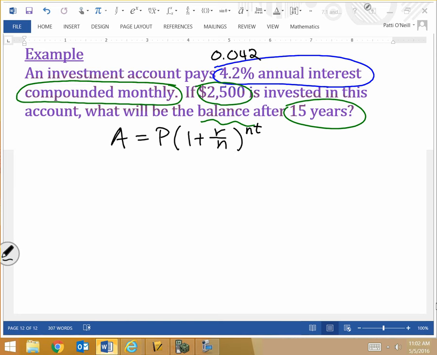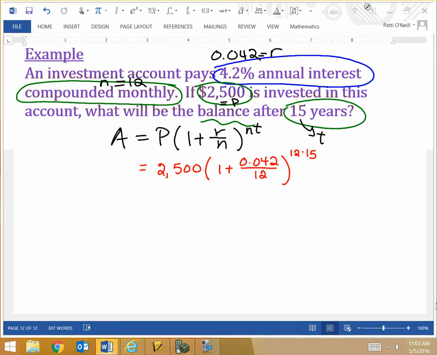That's going to go in for R. Compounded monthly tells me that N is equal to 12. 2,500 is my P value, and 15 is how much time has passed. So if I take that information and I plug in, the one thing I don't know is A, and that's what I'm trying to find out. So 2,500 times the quantity of 1 plus my interest rate of 0.042 over my compoundings, which is 12 per year, to the 12 times 15th power.